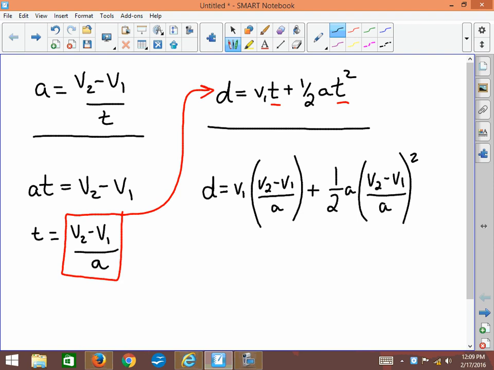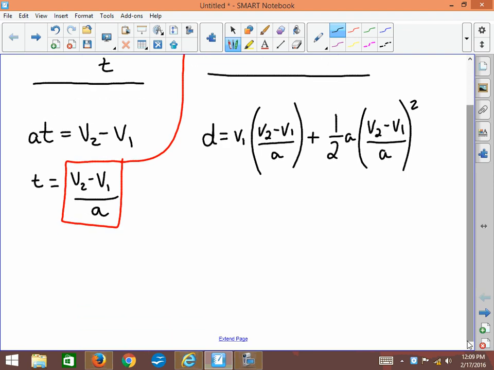So far so good. Now we just have to use our algebra skills to simplify this equation, to make it a little simpler. The first thing I'm going to do is some multiplying. Remember, if I multiply V1 here, I have to multiply it by the first term, and then again by the second term, right?